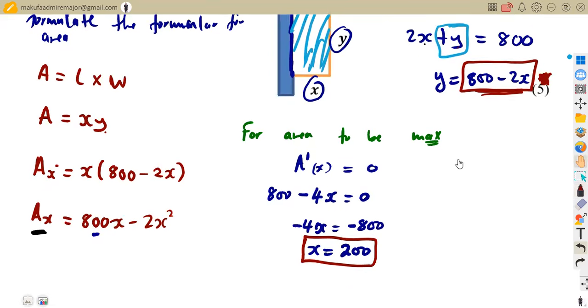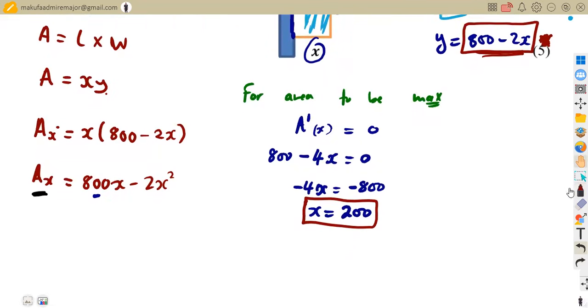We can easily substitute it there because y is the subject. So y is going to be equal to 800 minus 2 times x, whereby our x is 200. If we simplify this, y gives us 400.